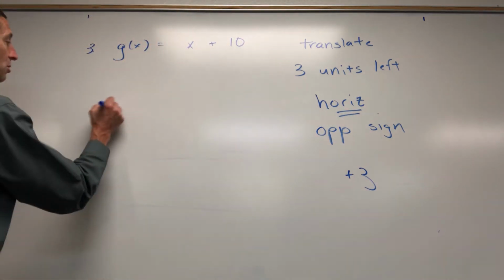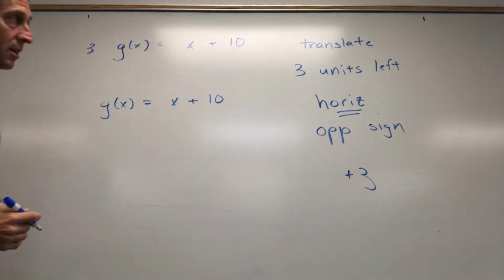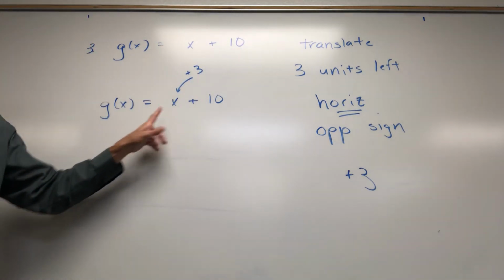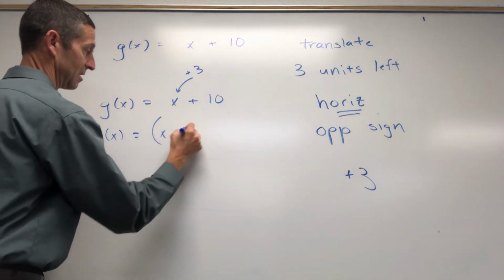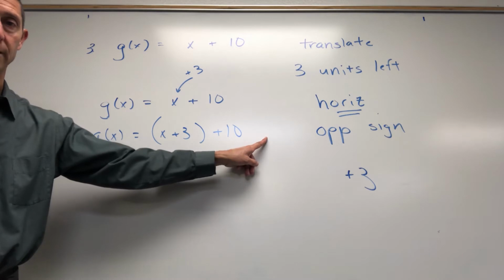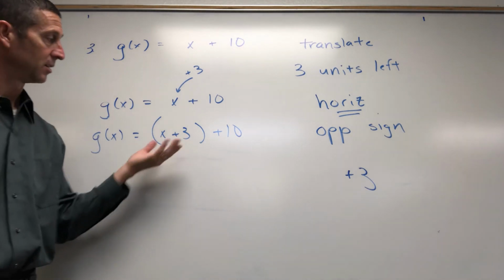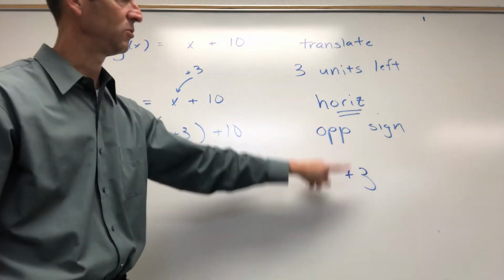So here's my original equation, g of x is equal to x plus 10. This plus 3 for horizontal, you've got to write it in with some parentheses. If it was vertical, it's out on the end. If it's horizontal, get it in the parentheses. Horizontal, change your sign.